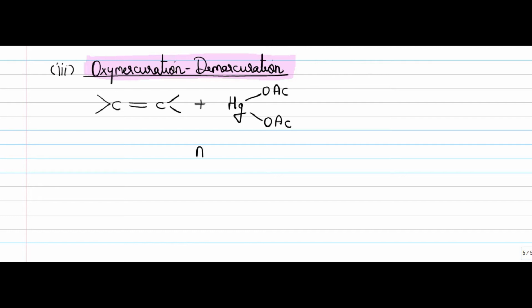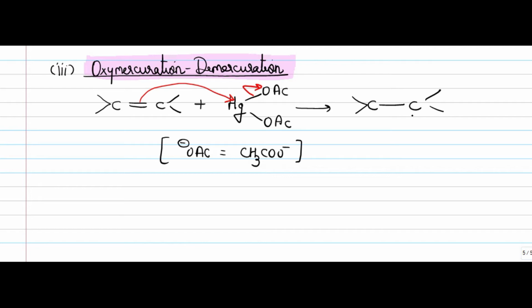You know, OAc minus is equal to CH3COO minus. And now you find that there is this first step taking place, and you have C single bond C, Hg OAc.